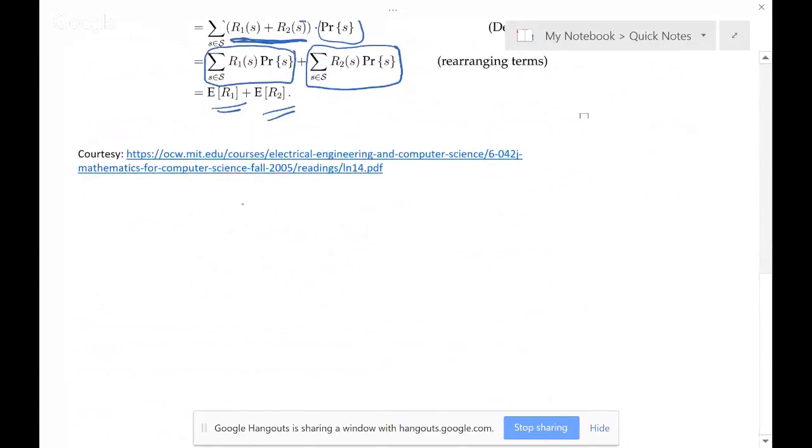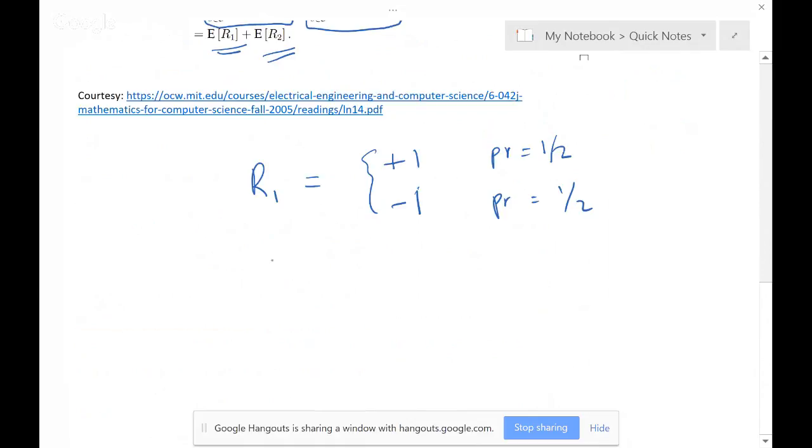Okay, so let's take the case where R1 is equal to, let's say, +1 with probability equal to half, and -1 with probability equal to half. Okay, and now I'm going to create a random variable R2 to be completely dependent on R1.